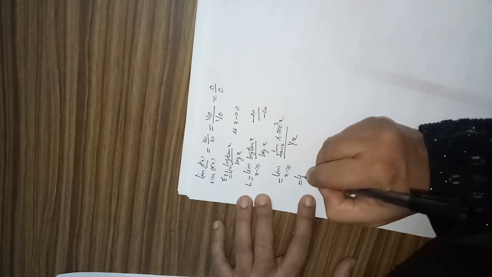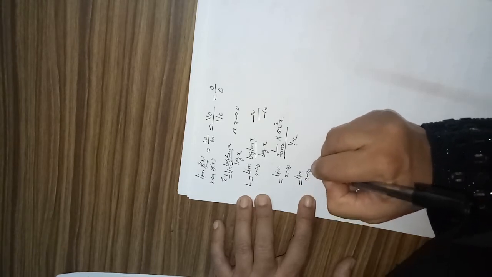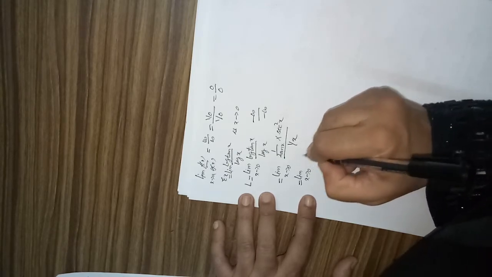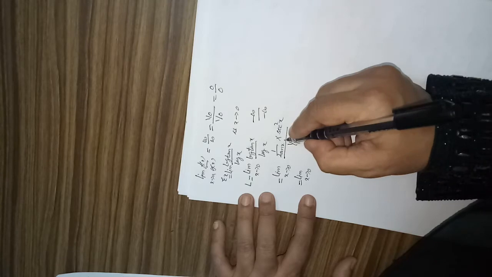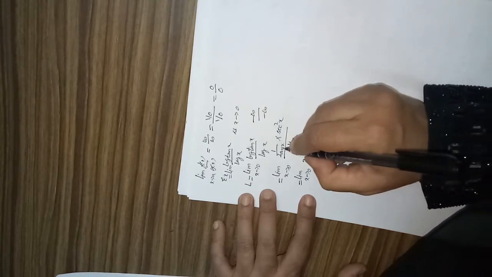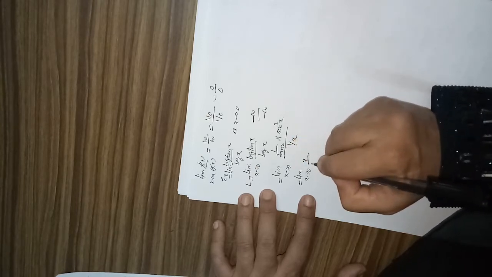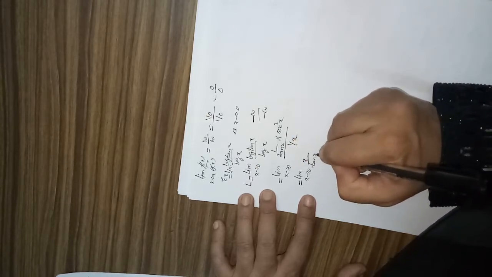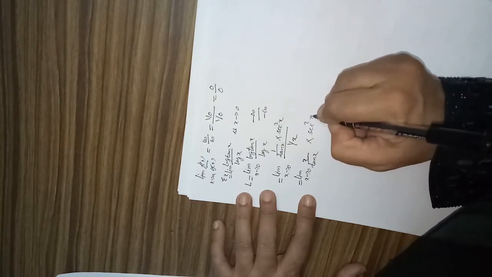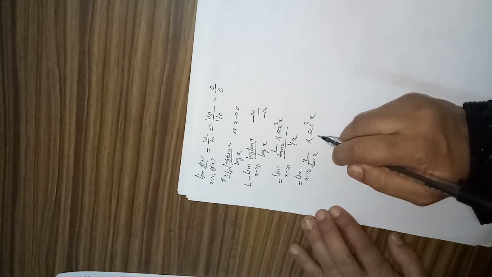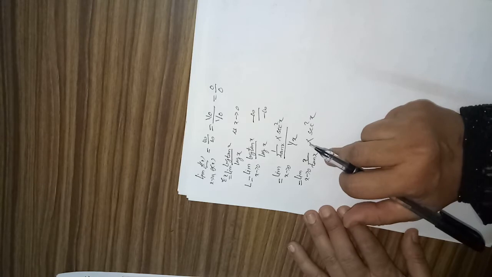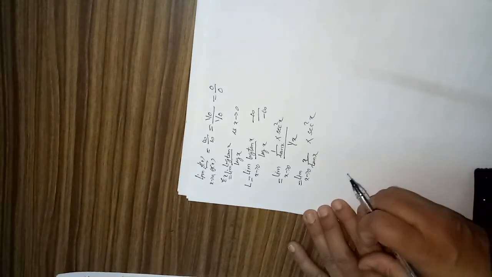Now this is equal to limit as x tends to 0 of, let me simplify this a little, this x in the denominator of the denominator comes to the numerator, and here we have tan x in the denominator, into secant square x. Now let us check the value of this, whether it is well defined or indeterminate.